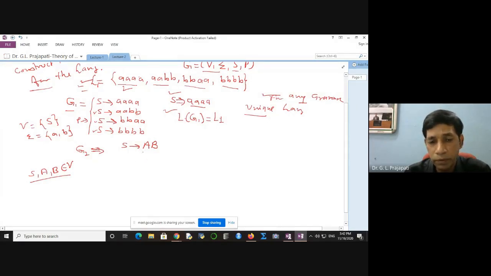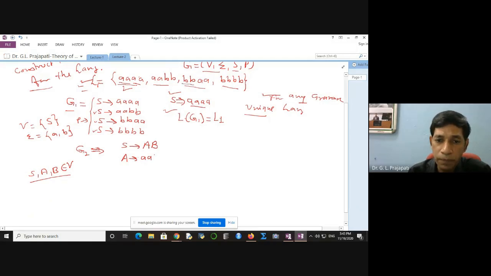Now you have to see how you can replace A. You can write the production rules for A, because your sentence can begin with aa, and so on. You see that you have an even number of symbols. So the first part is aa, and the first part can also be bb.